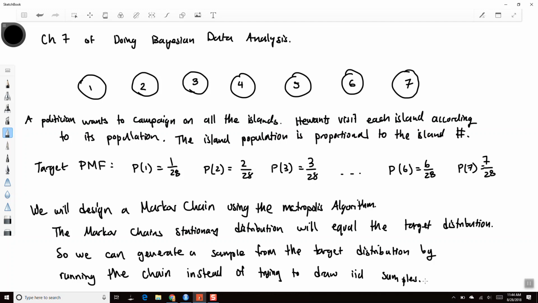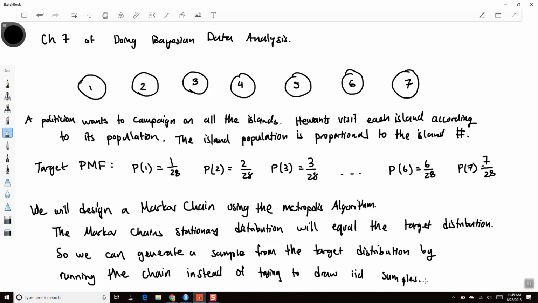Although in this case, drawing IID samples is very easy to do, right? But we're using these as simple examples to show how the Markov chain works so that we can do the complicated examples where we can't do our IID samples.